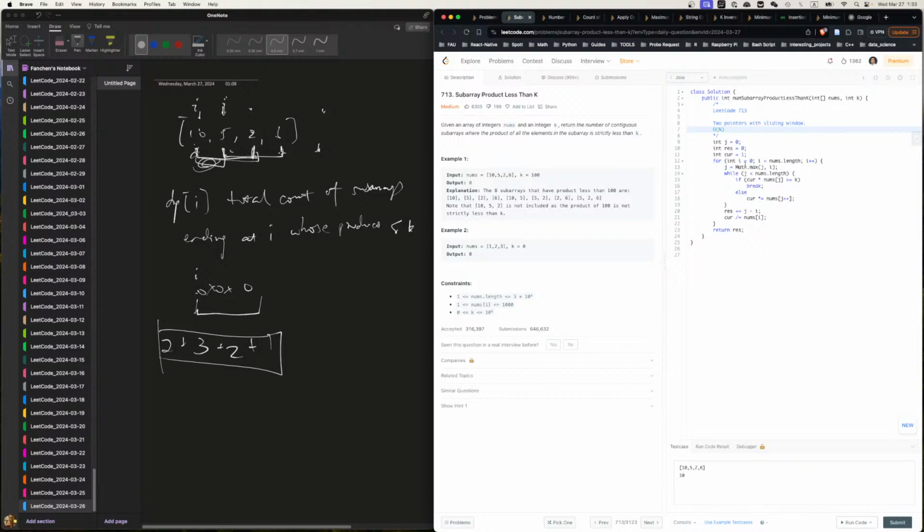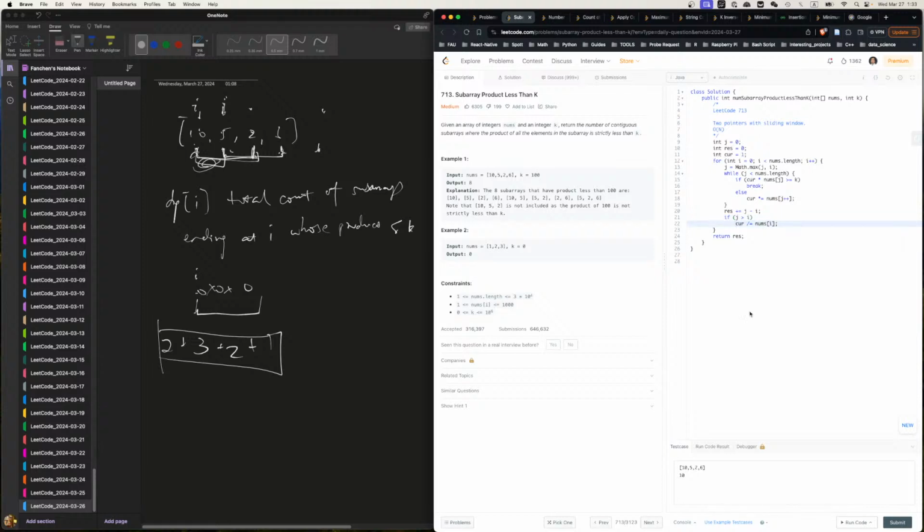Okay, let's analyze this. So J start is 0. Current is 1 times this is 10, larger or equal to K, so we break. So this is rest plus equals 0. And current minus equal to, ooh, shoot. Yeah, so it should be if J is larger than I, then we can do this.